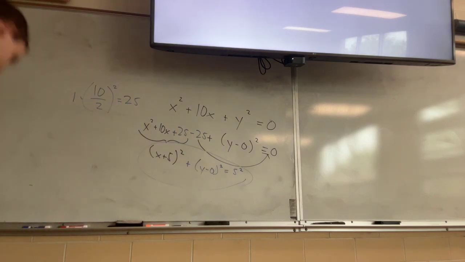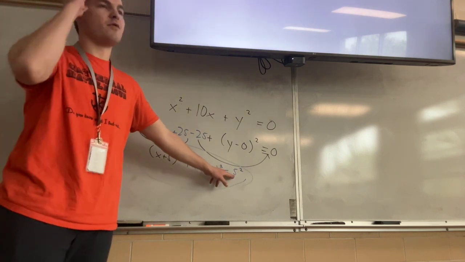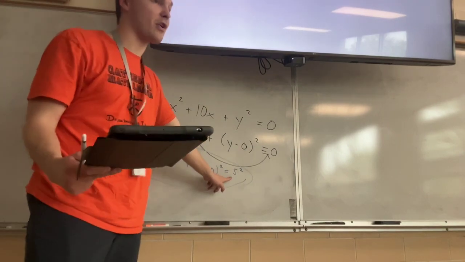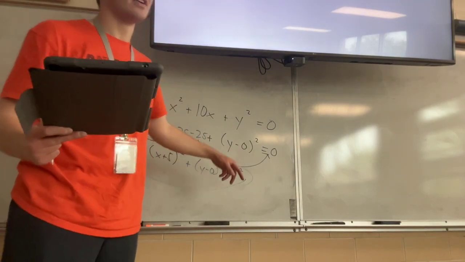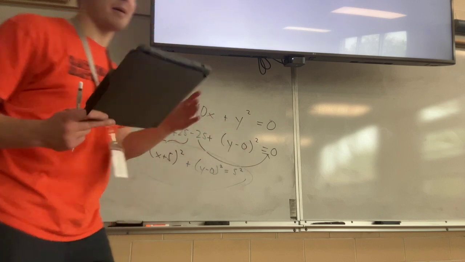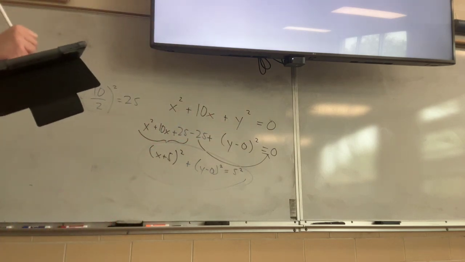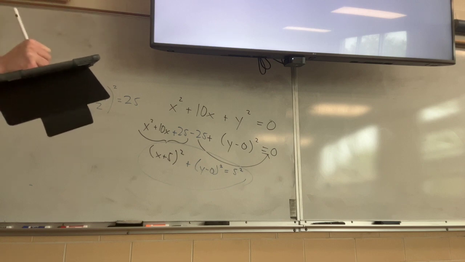If you can remember on your own that I got 25 over here but my radius is actually 5, that's fine. I'm just doing that to help people get in the habit of doing it the right way every time.